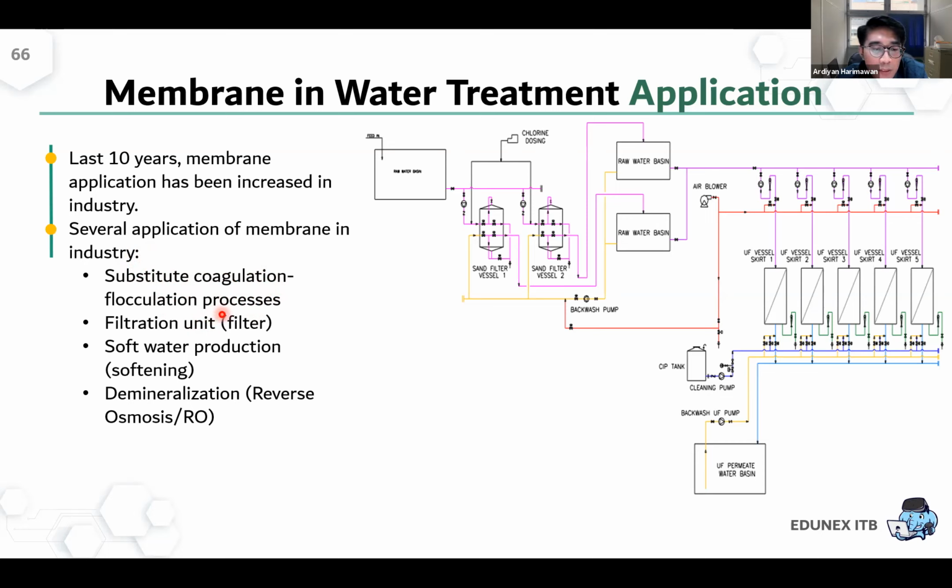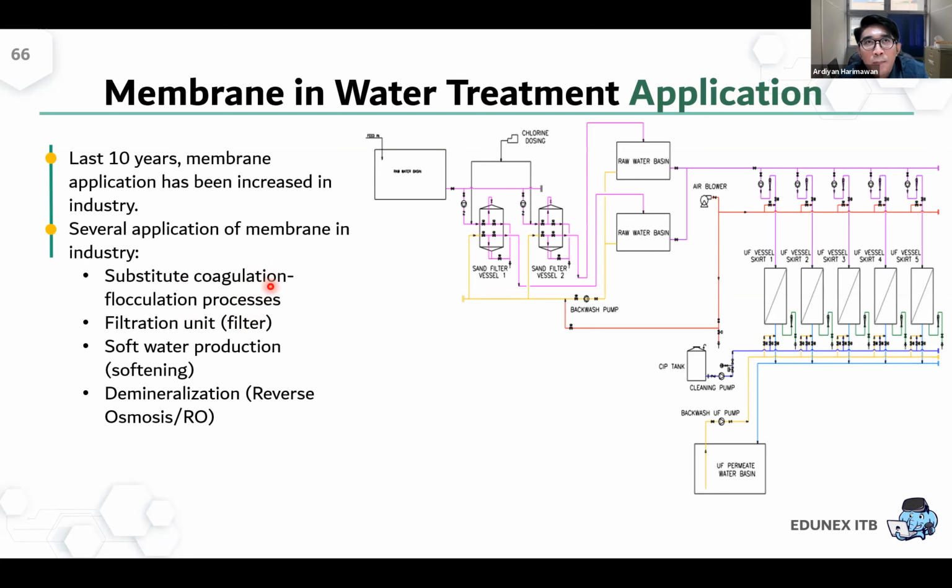You need to provide mixing, different degrees of mixing. First, you mix it quickly, and then you have slow mixing and continue with the clarification process. In using the membrane, you don't need to add chemicals. You just need to provide the membrane. You need to choose the correct membrane.